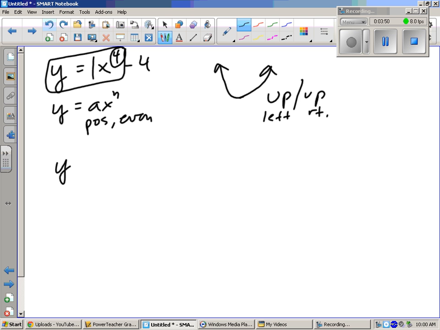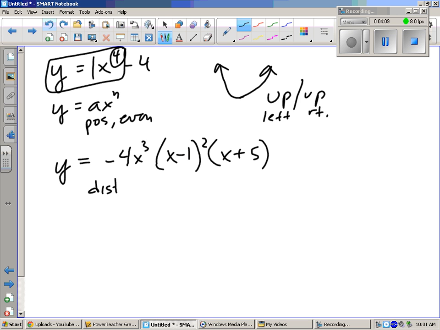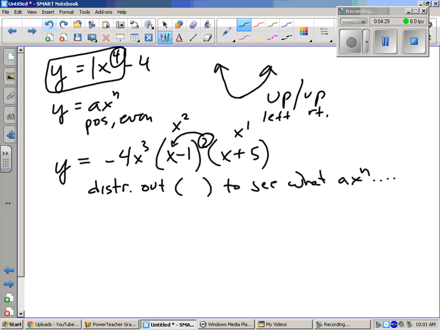Now, what if I have it in this form? Pay close attention here. Negative 4x to the third times x minus 1 squared times x plus 5. This is different. This has parentheses. So what we have to do is think ahead and think about distributing out the parentheses to see what ax to the n would be at the beginning. If I FOIL all this out, this is going to be x squared, this is just x to the 1, and here I have x to the third.